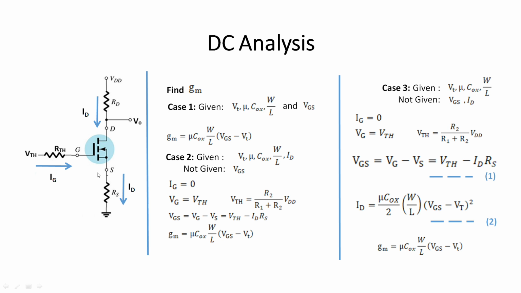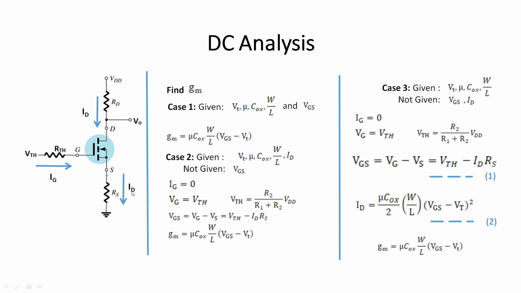Now VGS equals VG minus VS. We have found VG equals VTH, and let's find VS. To find VS, we have to find the potential drop across RS. We are considering the current passing through this transistor is ID. That means ID will pass through RD and RS both.